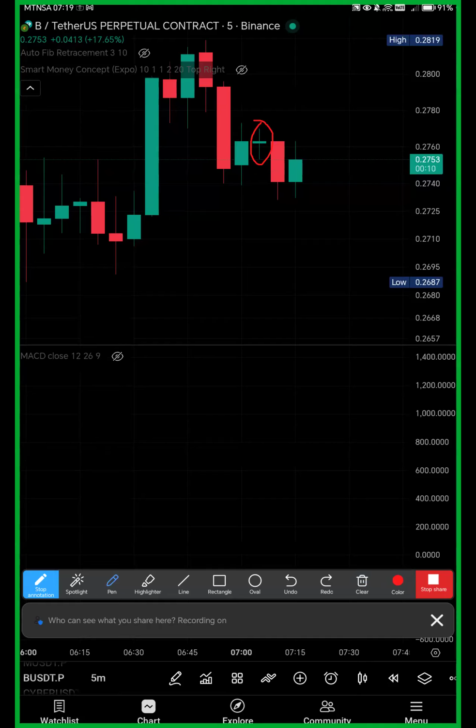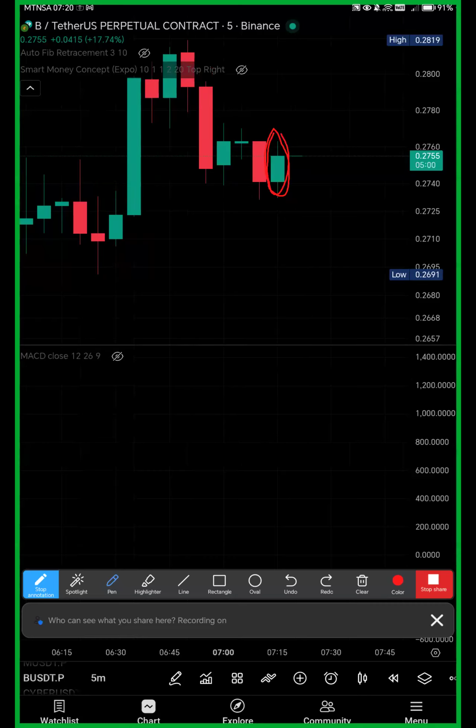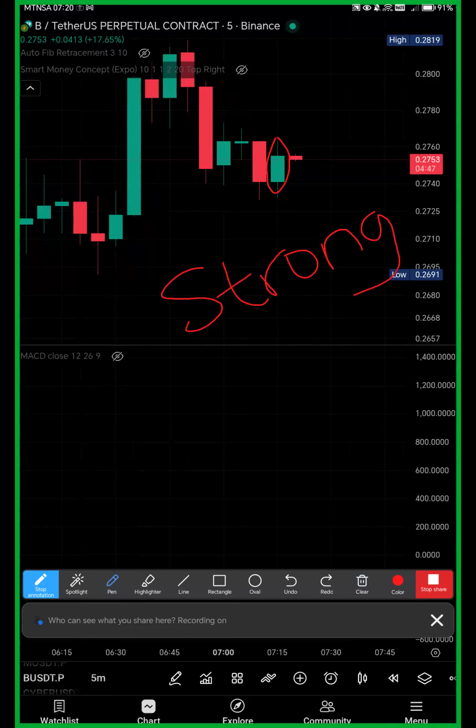So when you see candles that are having long bodies, if it is a green candle, it means there was strong buying pressure.